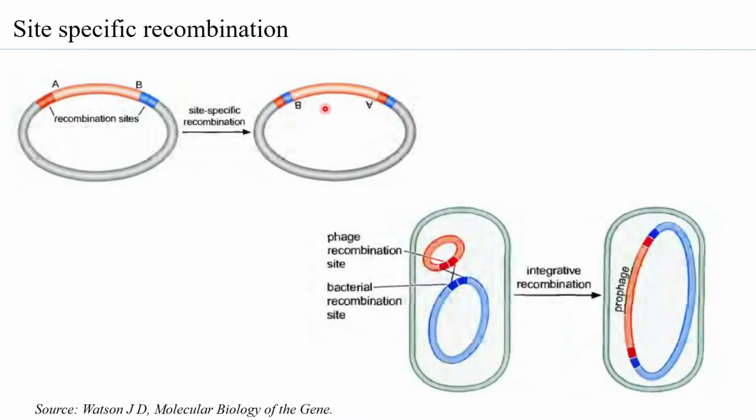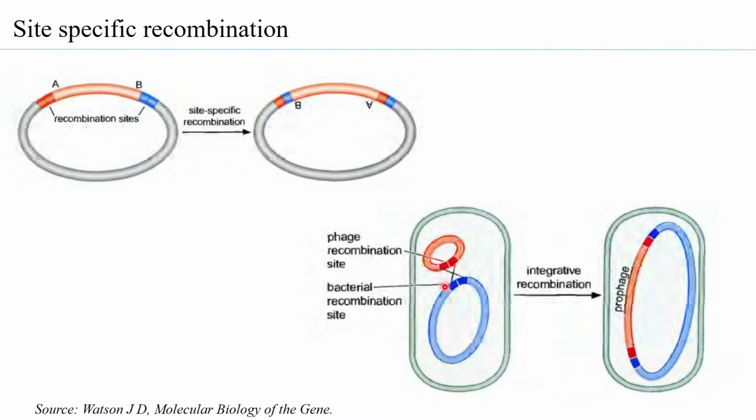This is one thing that can happen. The second thing that can happen is a DNA can get integrated into another DNA. This is a typical example of how lambda phage DNA can get integrated within the host genome.